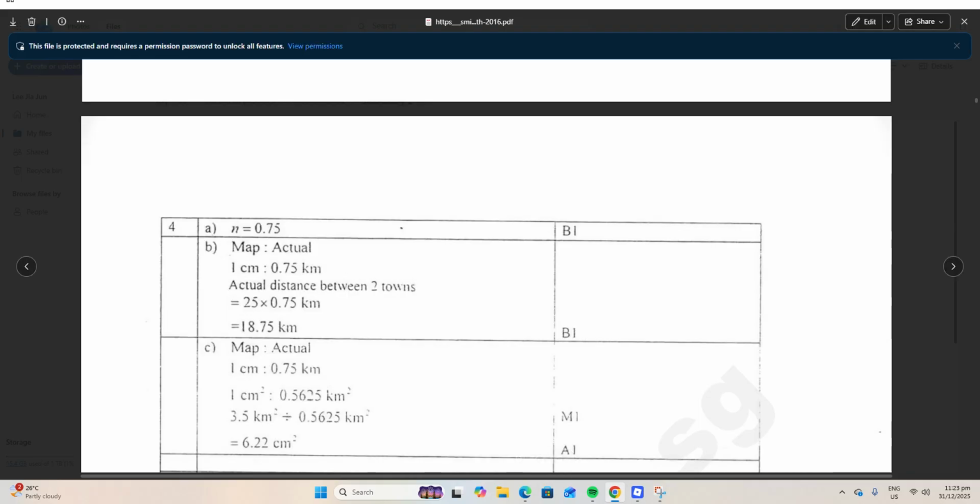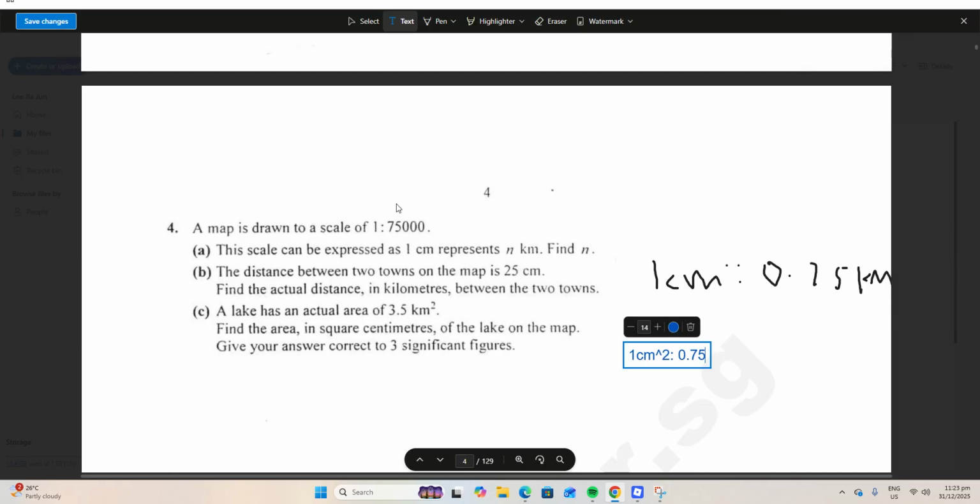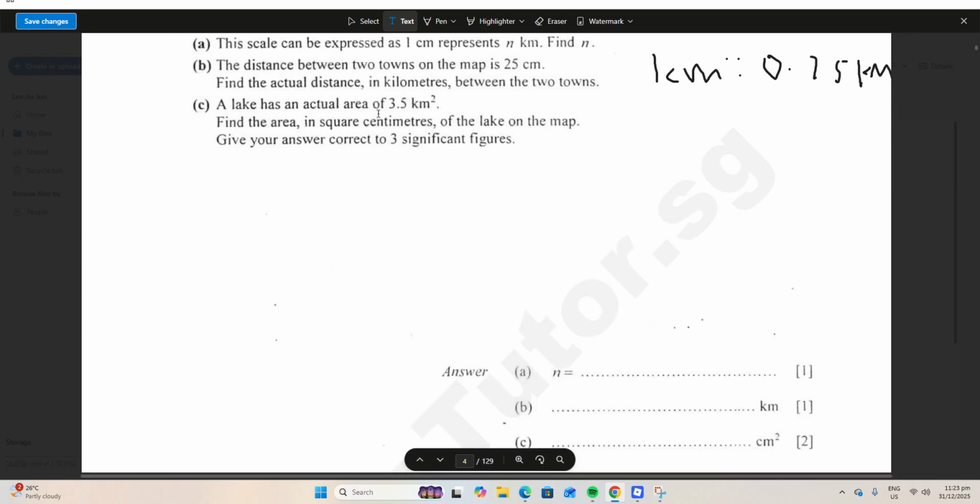So 0.75 squared is 0.5625 km squared. So for every 1 cm squared, there is 0.5625 kilometers squared. So in 3.5 kilometers squared of area, how many 0.5625 squares are there? How do you do that? Just use this divided by this, if that makes sense. If it doesn't make sense, just drop it in the comments. I have more analogies to help you to see it. Okay, let's move on. And give your answer in 3 significant figures.